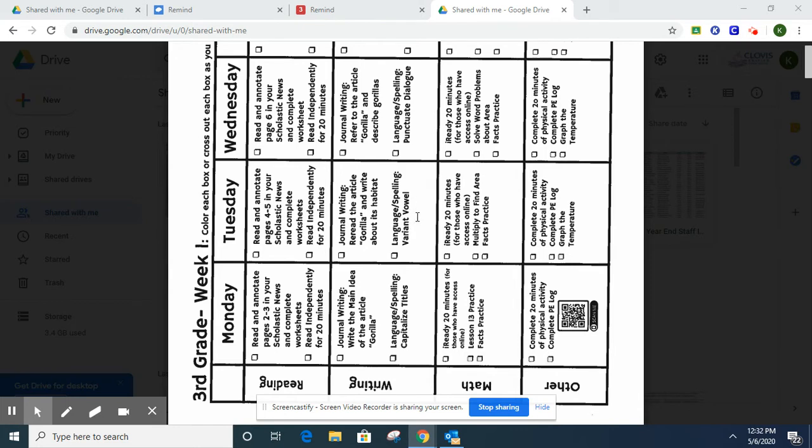And then do your language and spelling. You do have a page in your packet that I'm looking at right now that has an extra page to describe the habitat of gorillas. So that looks like that is Tuesday's.